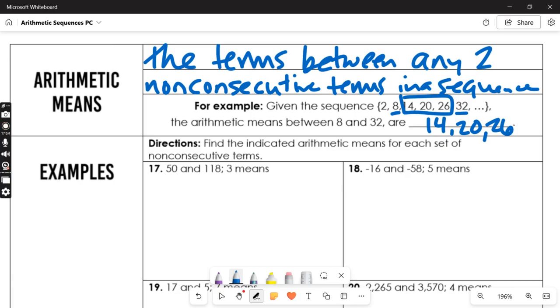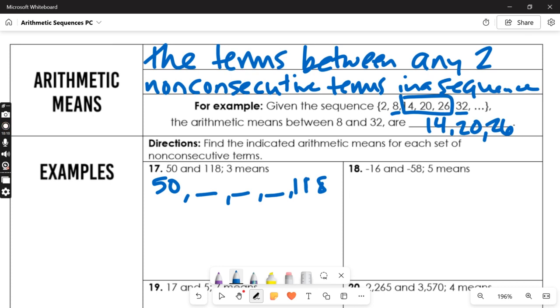Given 50 and 118, find the indicated arithmetic means for each set of non-consecutive terms. So 50 and 118, and it says there's 3 in between: 1, 2, 3. So what that tells me is 50 is my first term, 118 is my fifth term.